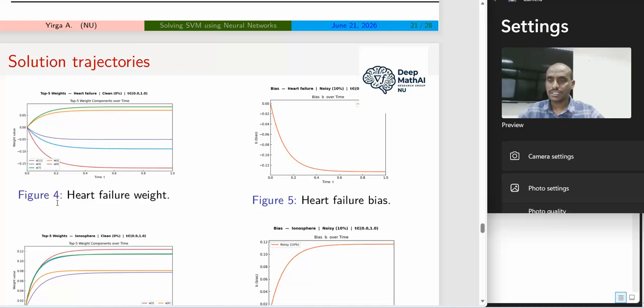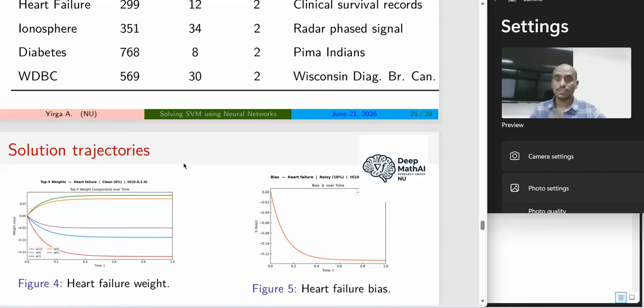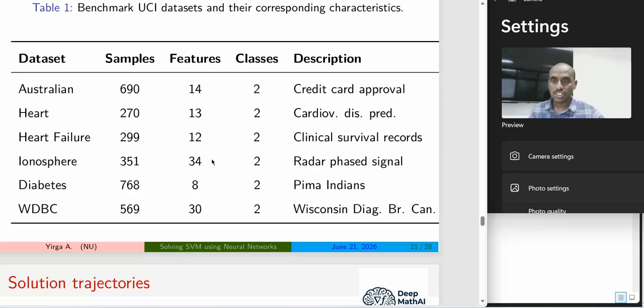The first, in figure 4, shows the weight vector for the heart failure dataset. Actually, we made it to visualize the first 5 features. So that's why it has 1, 2, 3, 4, 5 features. But in practice, how many features do we have for the heart failure? We have 12 features.